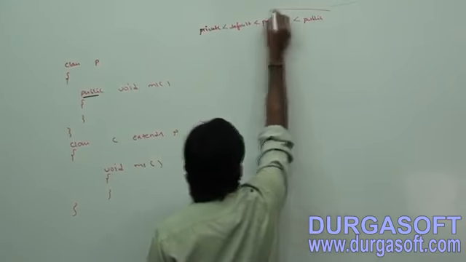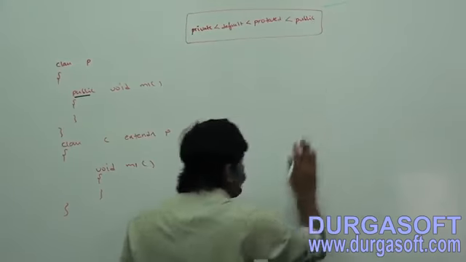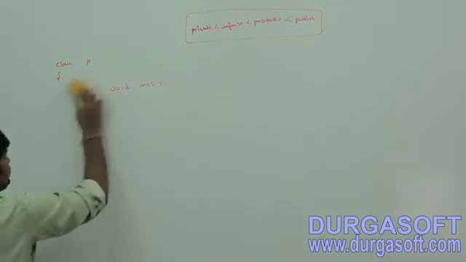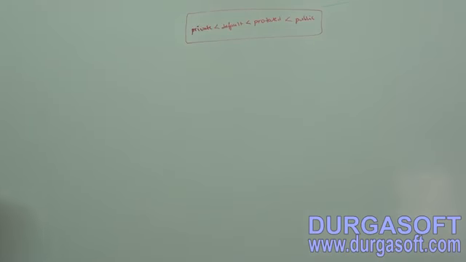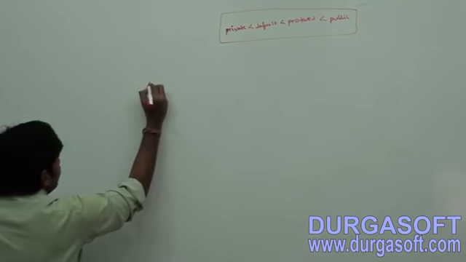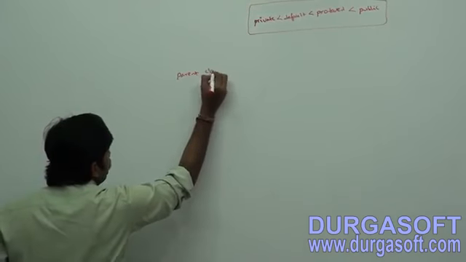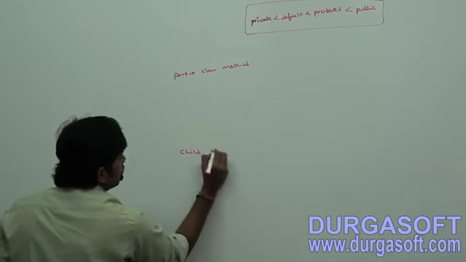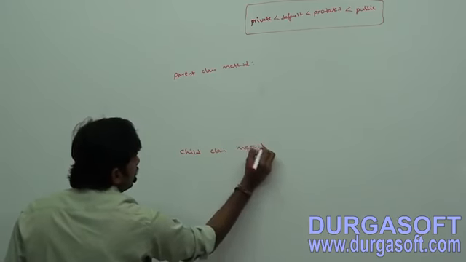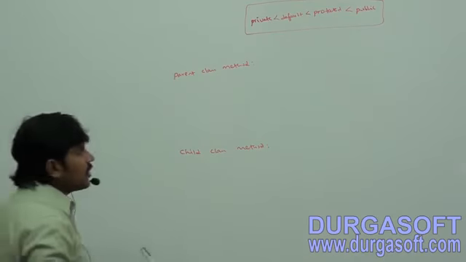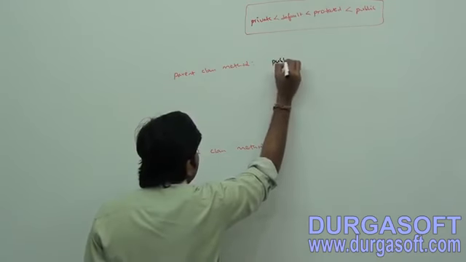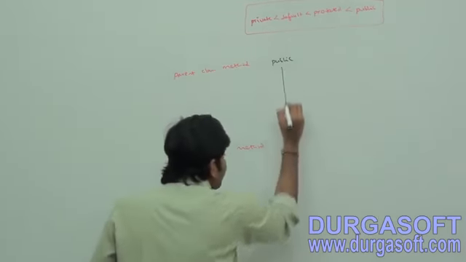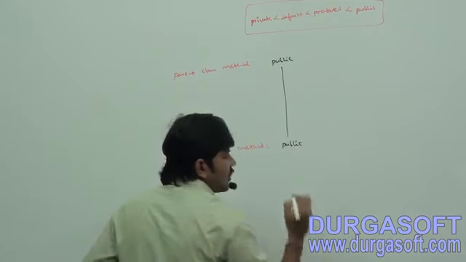Remember this one: which has lesser scope and which has higher scope. Is that clear? Now let me take a summary. Observe, if the parent class method is public, the child class method compulsorily should be public only, no alternative at all.